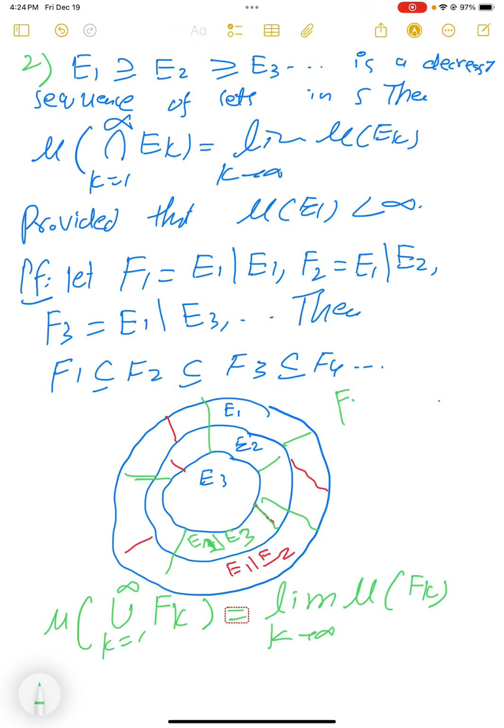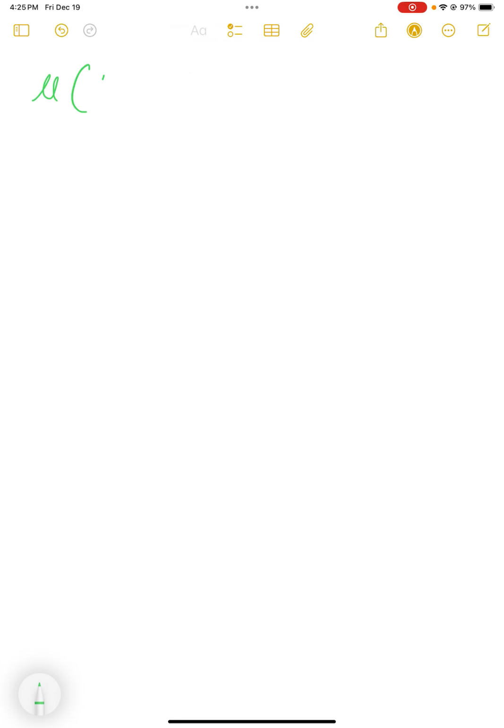So Fk by definition is E1 difference Ek. Now, since the measure of the union of Fk is nothing but the limit as k approaches infinity of the measure of E1 difference Ek, what is the measure of E1 difference Ek?